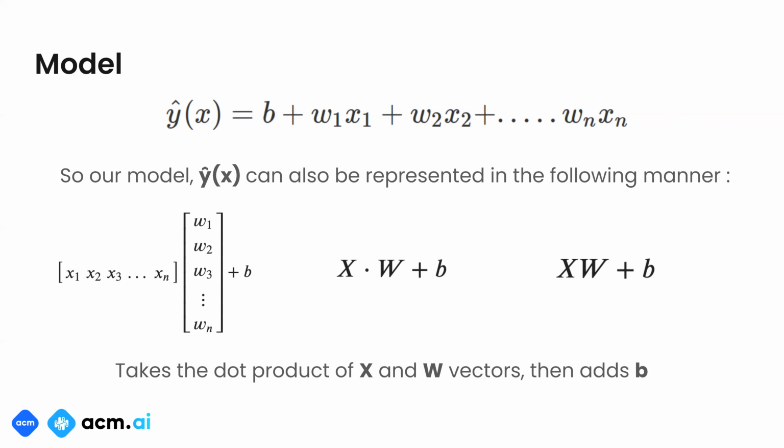We can represent the features as this row vector and the weights as this column vector and multiply them. Maybe a more intuitive way is just take the dot product. We have one vector of size n, another vector of size n, take the dot product. That's what you get up there, right? It's just w1x1, w2x2. This is a really clean, simple notation. As you can see over here, it is just x dot w plus b.